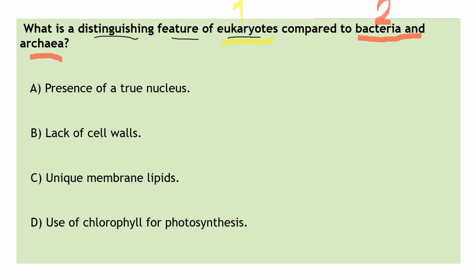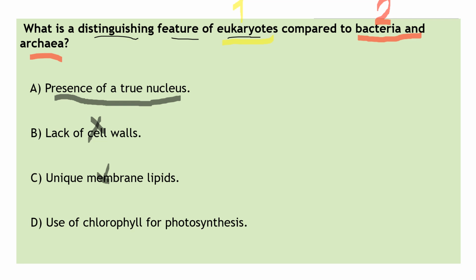We have been talking about how in elementary and high school they told you eukarya and bacteria and archaea are different. So based on the information that you had from high school, you will say that it is the presence of the nucleus. It's not the lack of cell walls, it's not unique membrane lipids.